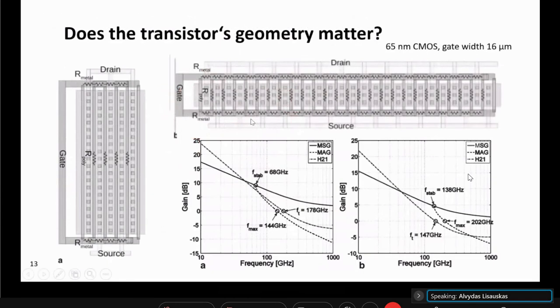And if we look now, the same 16 micrometer width transistor can be implemented in many ways. One, for example, can have more fingers and a shorter length, or fewer fingers but a longer transistor in the end. If we do one or another, we get very different frequency behavior. For example, Fmax of the left side transistor is only 144 and Ft is 178.